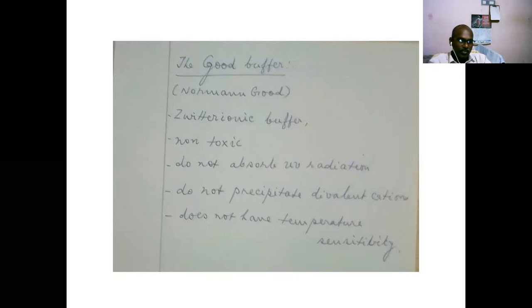These are things you might have already known. This Good buffer is a Zwitter ionic buffer, it is non-toxic, and it does not absorb ultraviolet radiation. It does not precipitate divalent cations, and it does not have temperature sensitivity. When temperature changes, it retains its form and functionality. These are all the characteristics of a Good buffer.